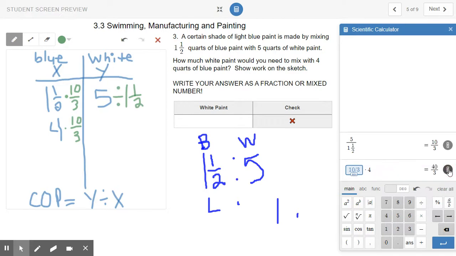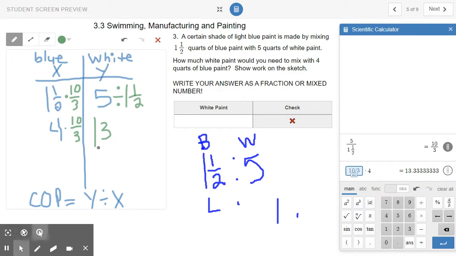I can click this to get a fraction of 40/3, which if I simplify this, it actually is going to be 13 wholes. So I'm actually going to write 13. And then I know that this is 1/3. But you could write 40/3 and still be okay.